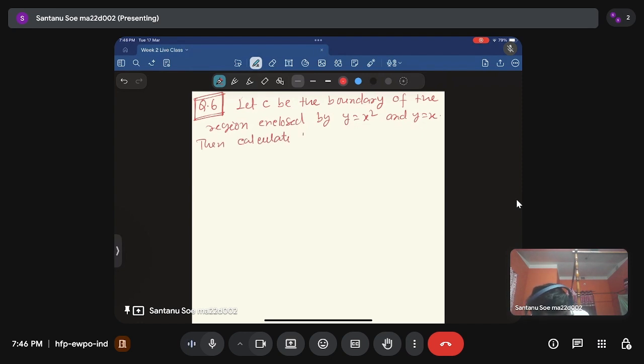Then calculate the value of the integral.